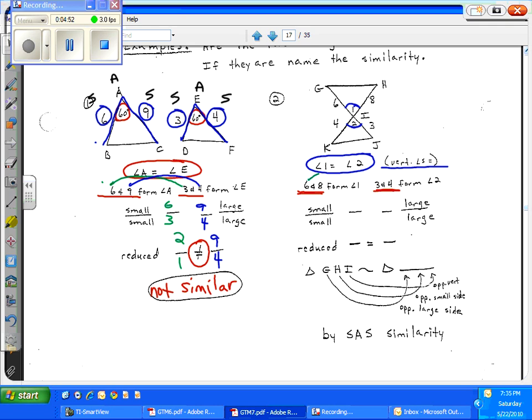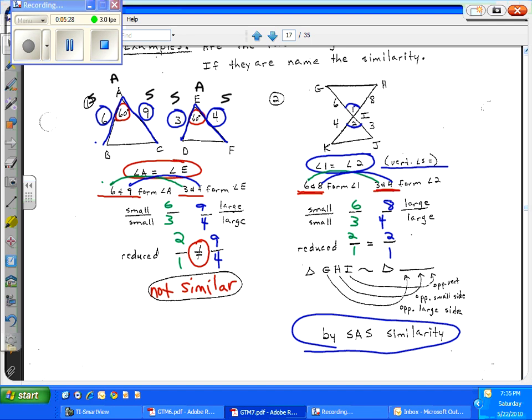So we take the small of this one, 6, with the small of that one, 3, and the large of this one, 8, with the large of that one, 4. 6 over 3 reduces to 2 over 1. 8 over 4 reduces to 2 over 1. We have an angle of one triangle equal to an angle of another, and the sides that form those angles are in proportion. Therefore, we can say that those triangles are similar by side angle side similarity.